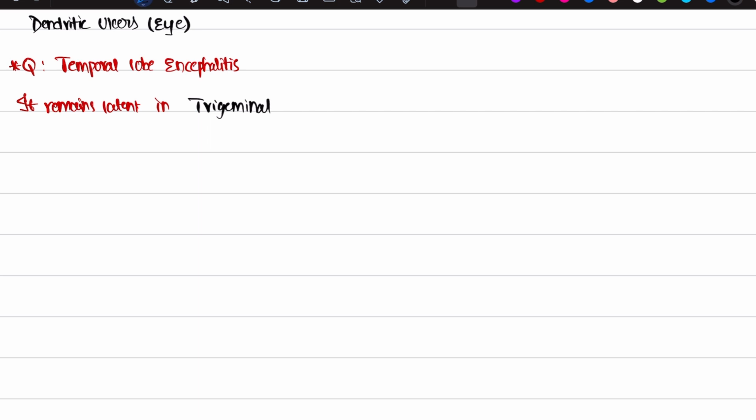So maybe it can reactivate in future. So you can expect the HSV type 1 in future, because this virus is remaining latent in our body itself. Where is it remaining in our body? In the trigeminal ganglion. Okay.